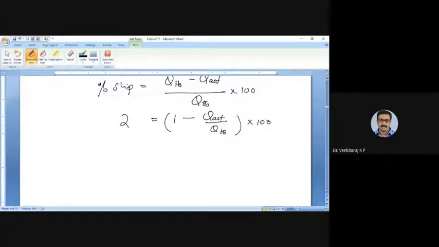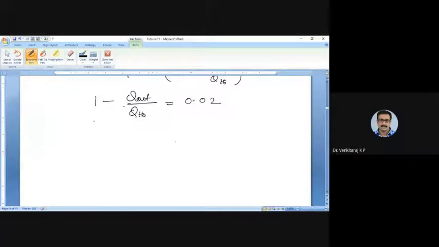So 1 minus Q actual by Q theoretical will be equal to 0.02, so Q actual by Q theoretical equals 1 minus 0.02, which is 0.98.